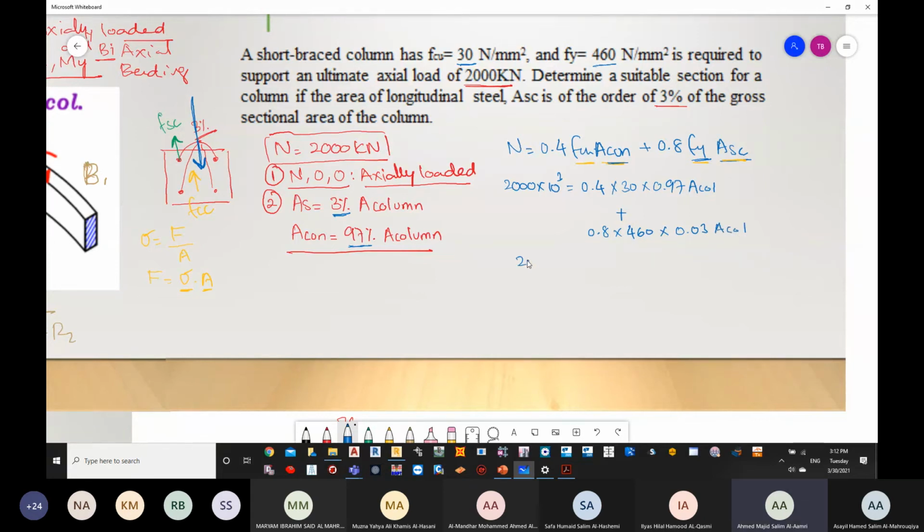We will end up having 2000 into 10 to the power of 3 equal to a certain value times area of column. The question asks for determining a suitable section of the column. Can you multiply 0.4 into 30 into 0.97, and add it with 0.8 into 460 into 0.03?